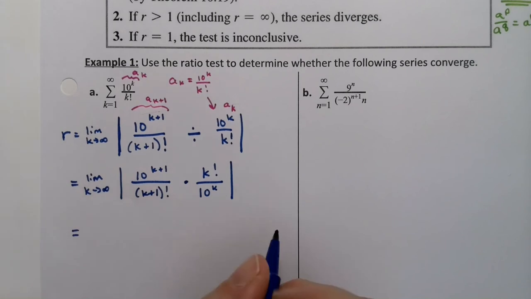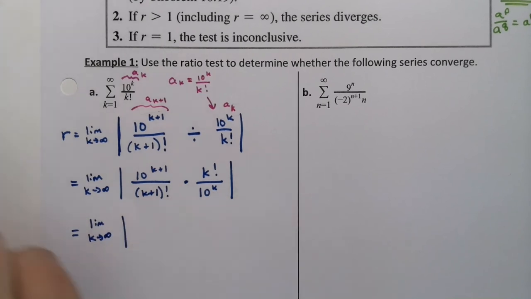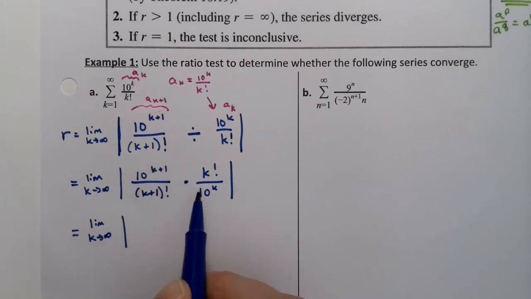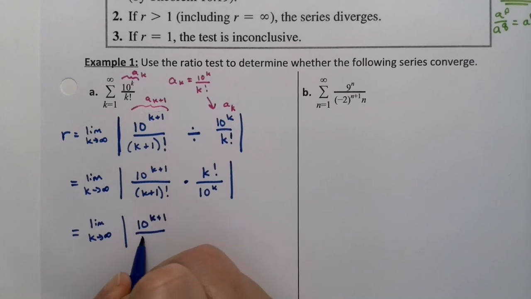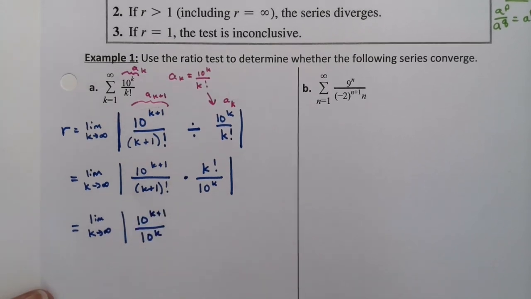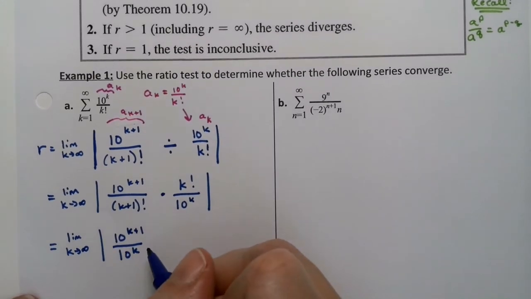I normally won't bother with this step, but this is your first time, so I want you to see what's going to happen here. So limit as k goes to infinity of, and I'm going to put the two 10 to the k pieces together here. So I have 10 to the k plus 1 divided by 10 to the k. That's where that little rule right there is going to come in handy.